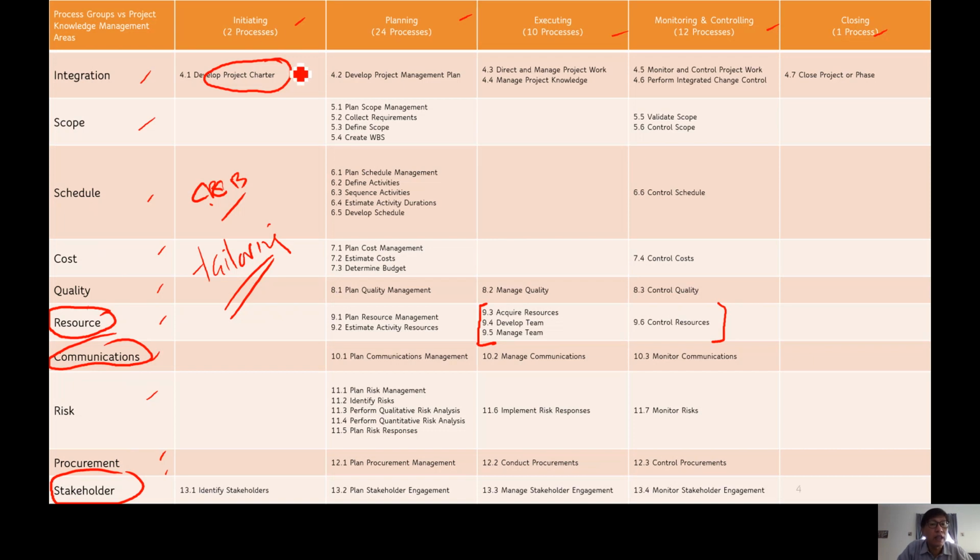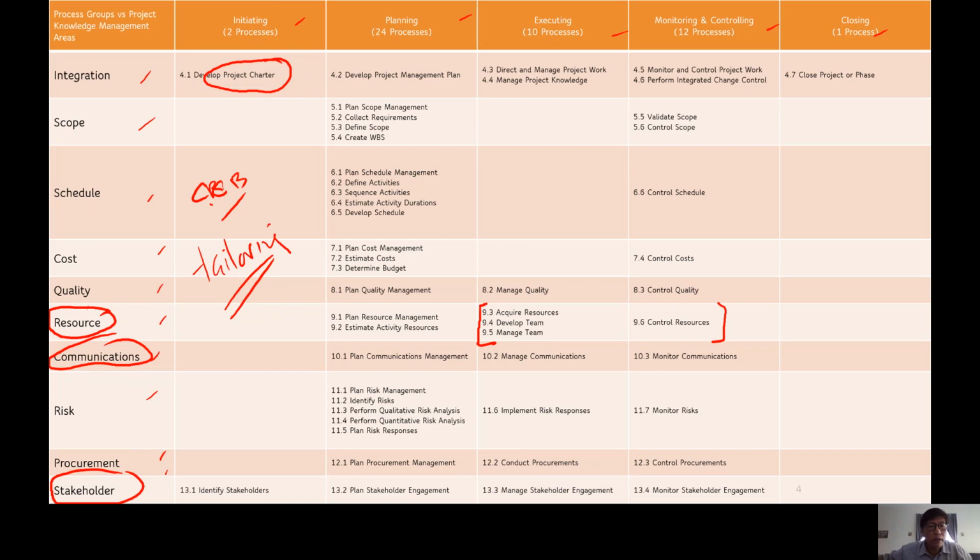So upon creating the project charter and kicking off the project, the next thing the project manager would do is, of course, have his or her pioneer team of team members, so that they can start to get the ball rolling.